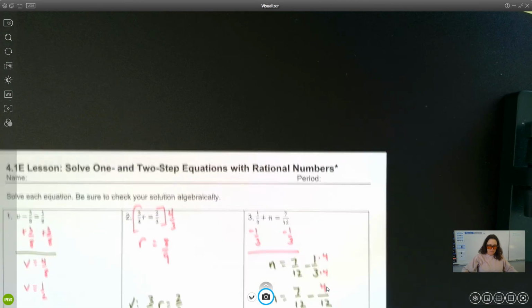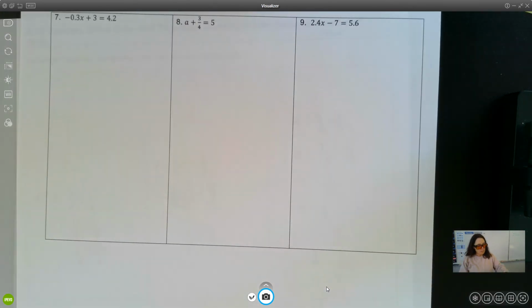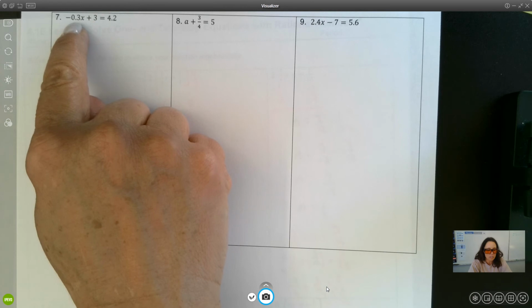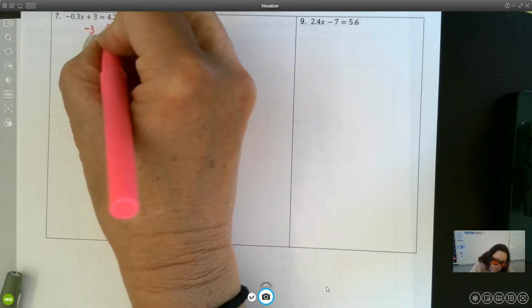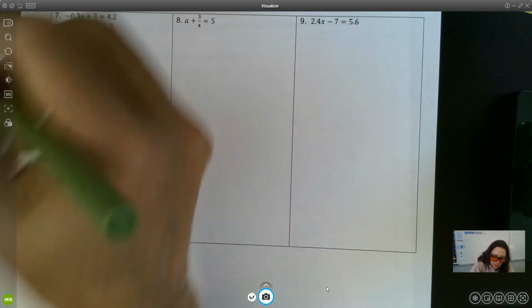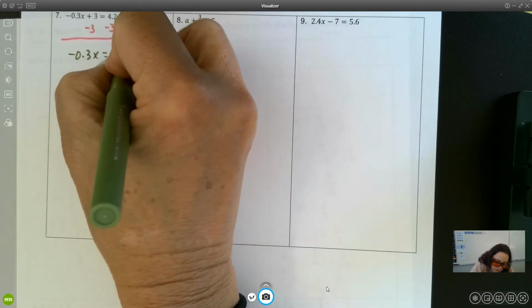Okay, page 2. 3 more left. Still ugly as ever. All right, we want that term with the x alone, so let's get rid of this 3. That would end up being negative 0.3x equals 1.2.